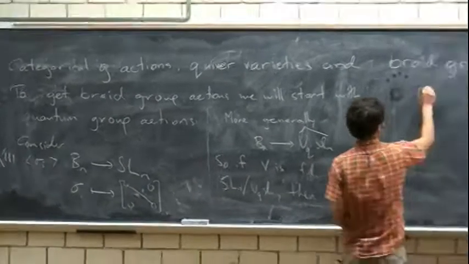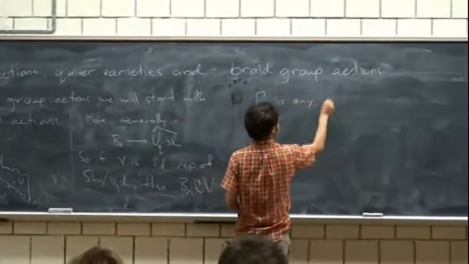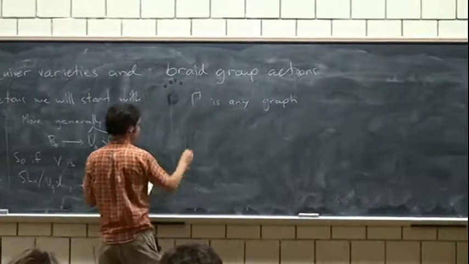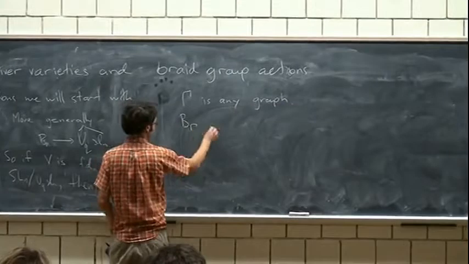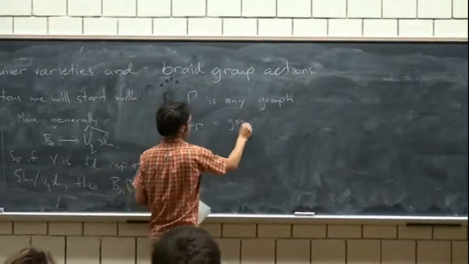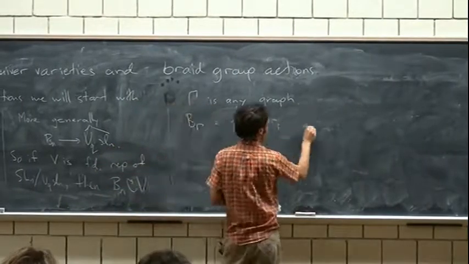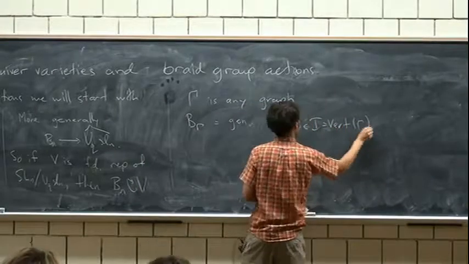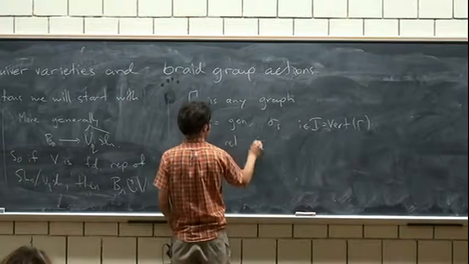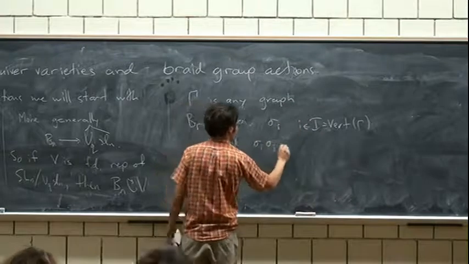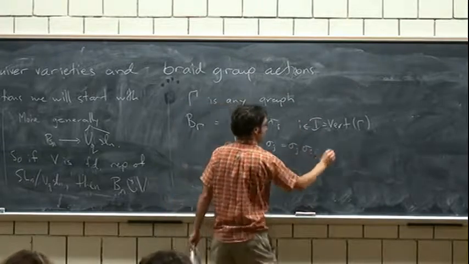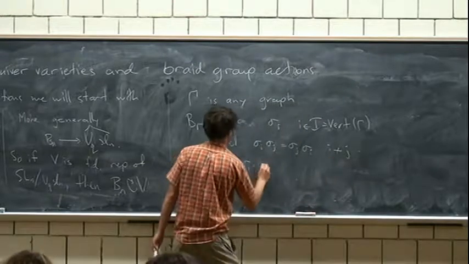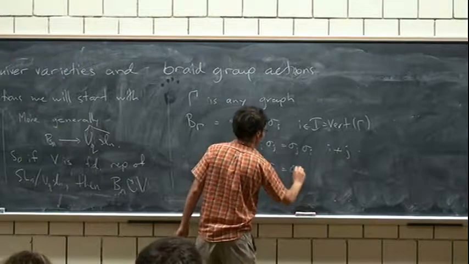Suppose that gamma is any graph. Then we can construct a braid group B_gamma. The associated braid group has generators sigma_i, where i is in I, the set of vertices of my graph, and relations: the generators sigma_i and sigma_j commute if i is not connected to j, and the generators braid if the corresponding vertices in the graph are connected.